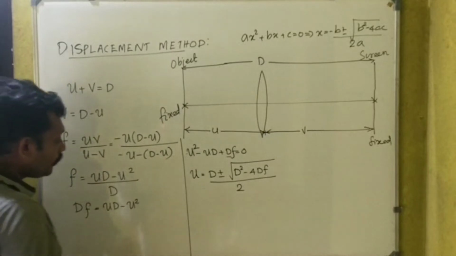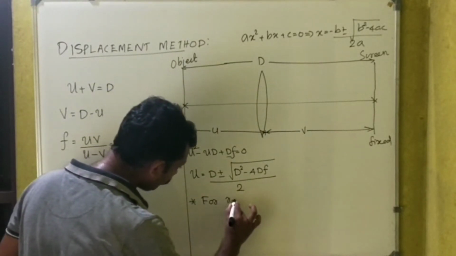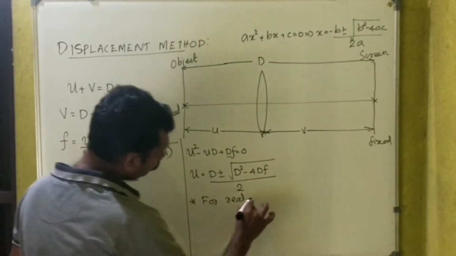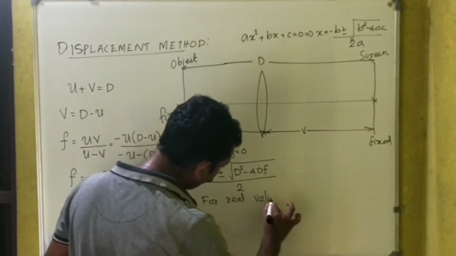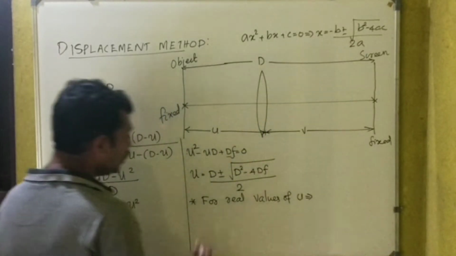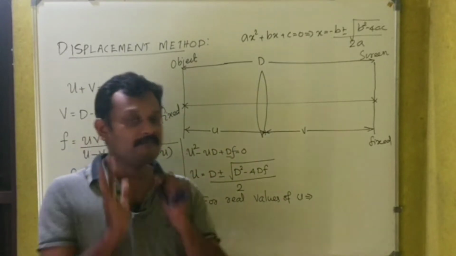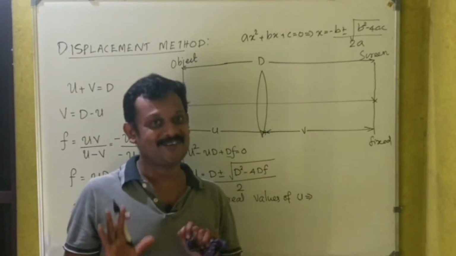Right? Now for real values of u. u is the distance of the object from the lens, which is always going to be a real number, right?